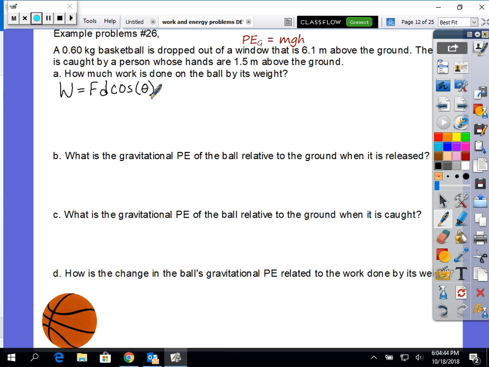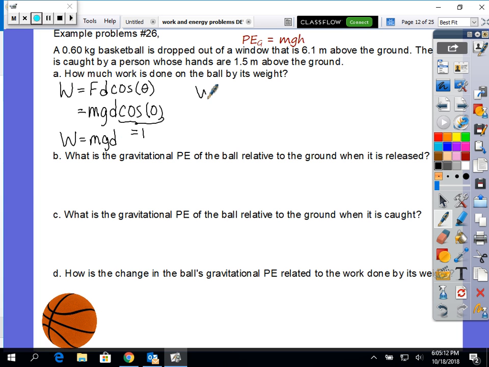In this case, the force is gravity. This will be mg times d times cosine. Gravity pulls down, the ball's going down, both in the same direction. The angle between them is 0. Cosine of 0 equals 1. So we just have work equals mgd in this case.